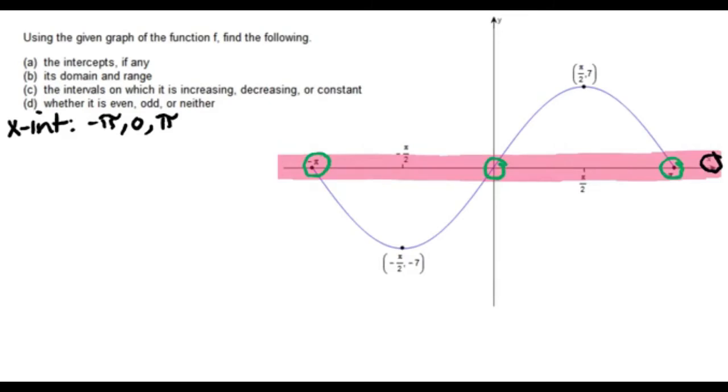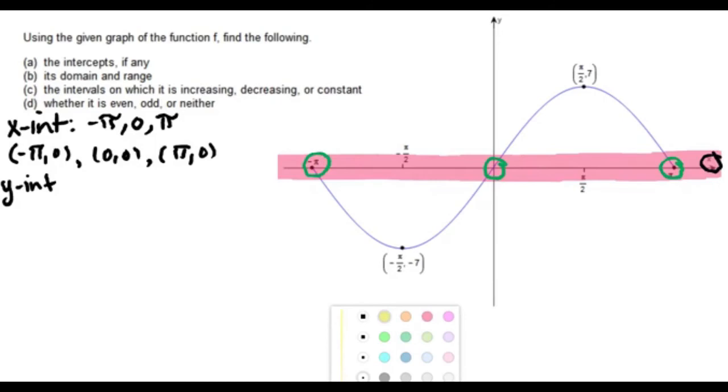Now you might be asked to write the x-intercepts in ordered pair form. If you are, you would write those ordered pairs as (-pi, 0), (0, 0), and (pi, 0). You would probably separate them by commas. And then the second type of intercept is a y-intercept. A y-intercept is where the graph crosses or touches the y-axis.